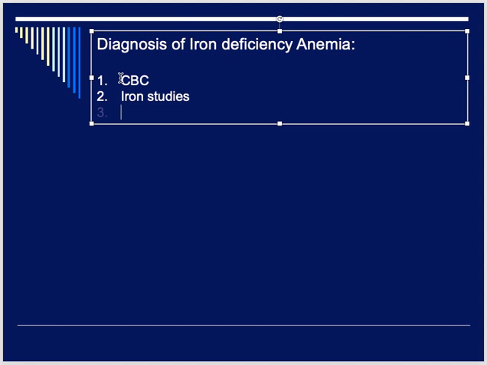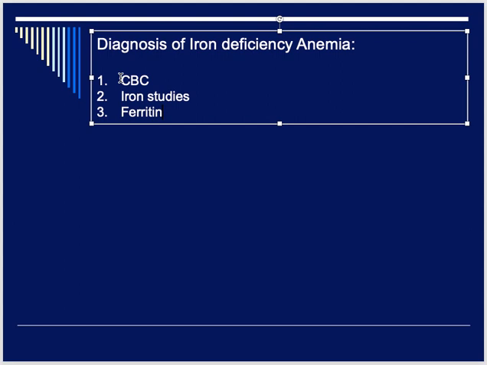Maybe the iron level will come back as normal, which can be misleading. So that's why we check the ferritin level, which is basically the storage form of iron.